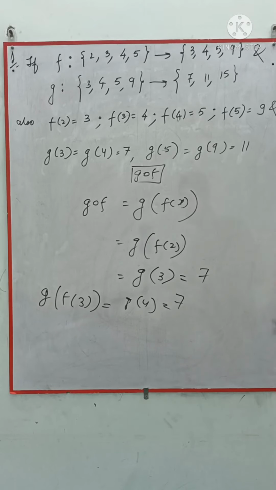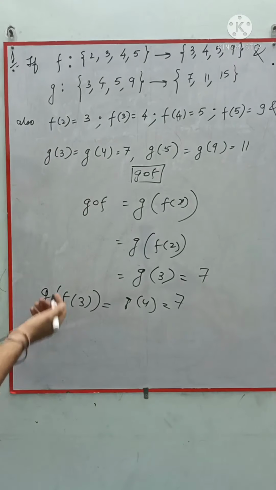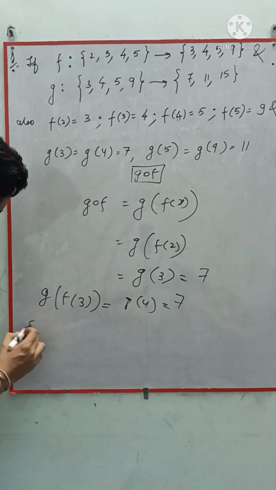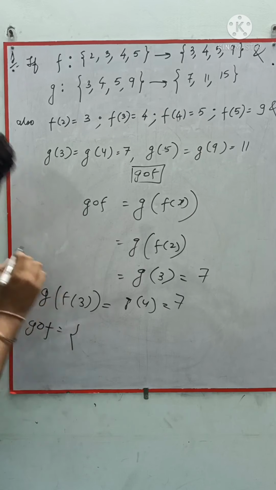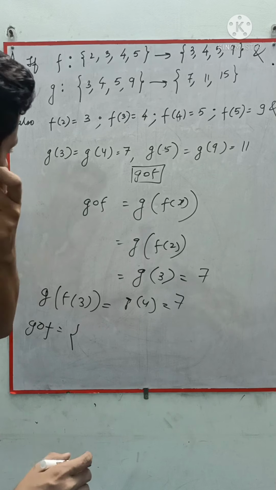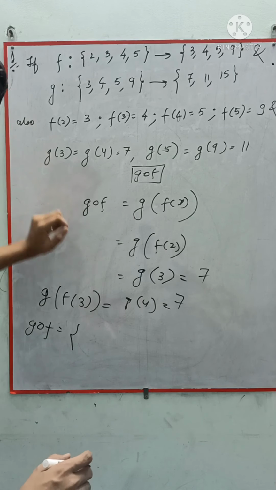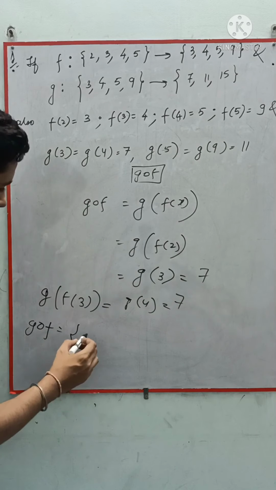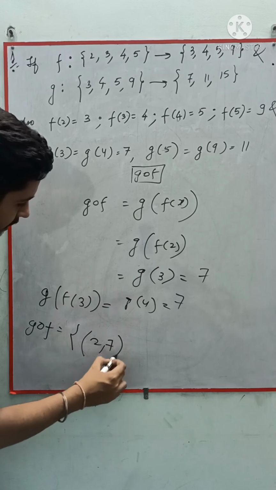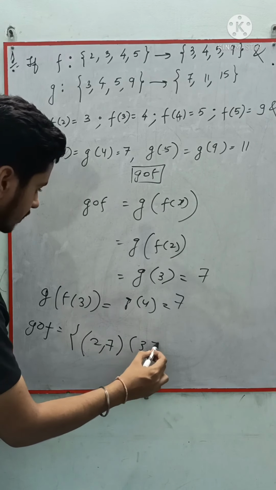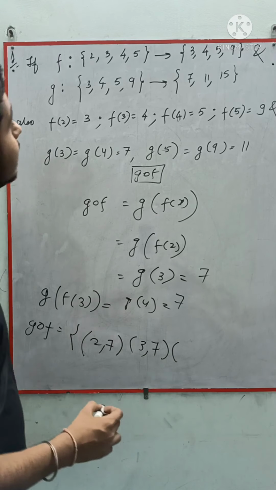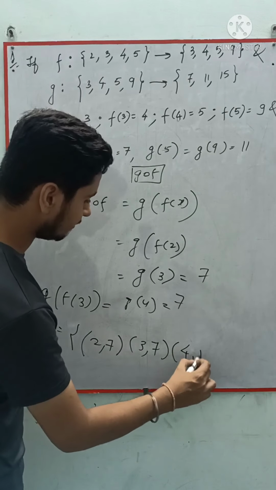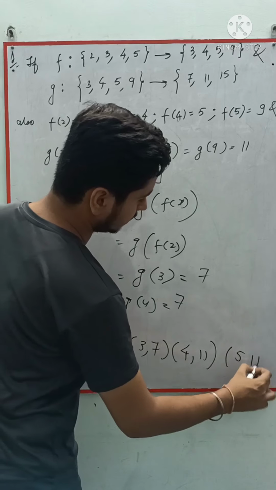See, one thing I missed here, we need to write g of f as a set. So what will be the solution set of this one? For x equal to 2, our answer was 7. So 2 with 7, 3 with 7 only, and then 4 with 11 and 5 with 11.